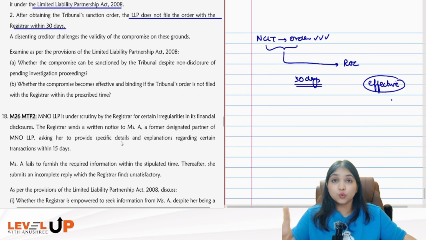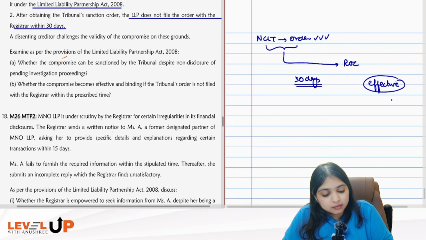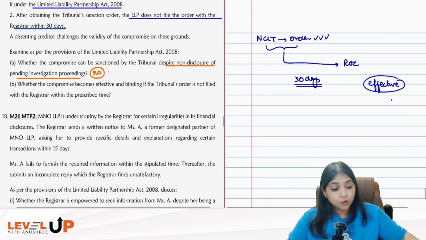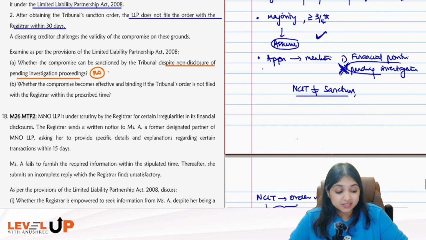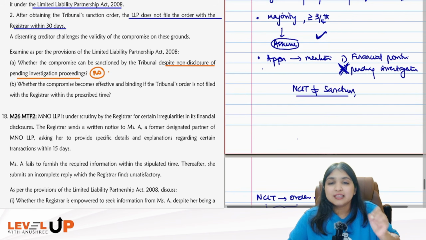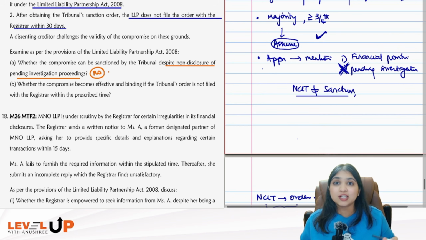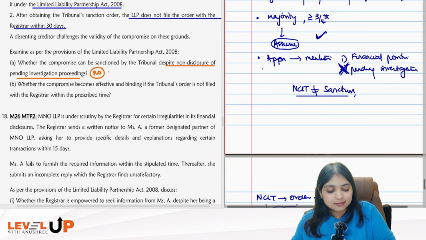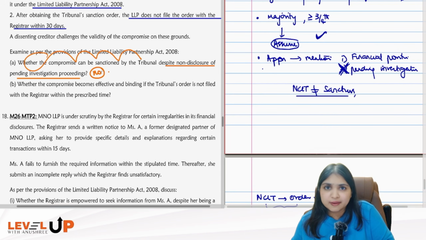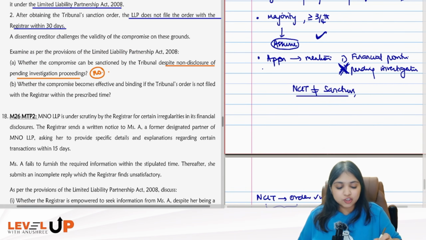What are they asking us? Two things. Thing number one, whether the compromise can be sanctioned by NCLT despite non-disclosure of pending investigation proceedings. This we discussed that no, if the pending investigation proceedings are not disclosed, then no, NCLT will not sanction the compromise. That is what they are asking. Whether compromise will be sanctioned by the NCLT, no, NCLT will not sanction the compromise.